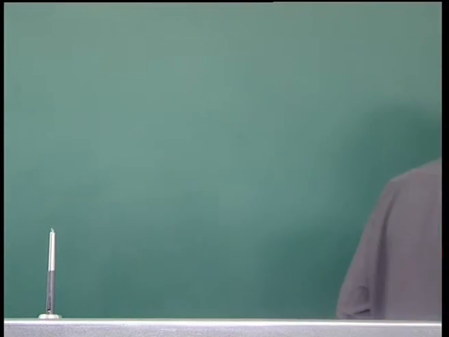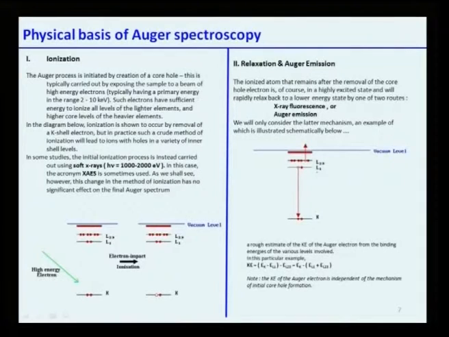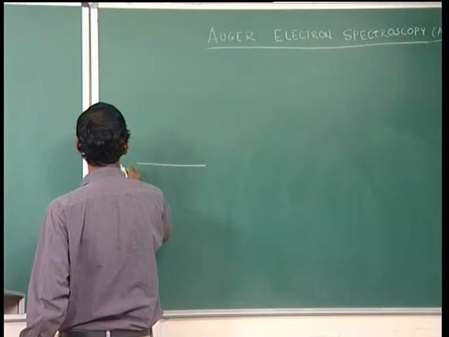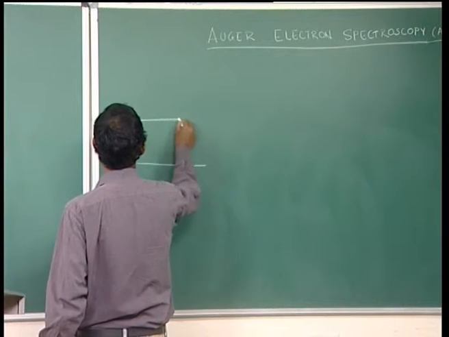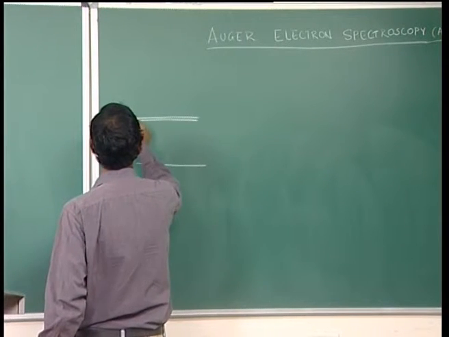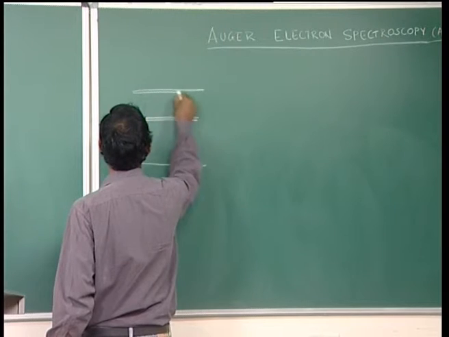Once the electron is ejected, we analyze the ejected electron's kinetic energy, and that is how we do the analysis. If I have to show it nicely, I can show it on the board. Let us suppose we have the K level, this is K, this is L, and this is M.